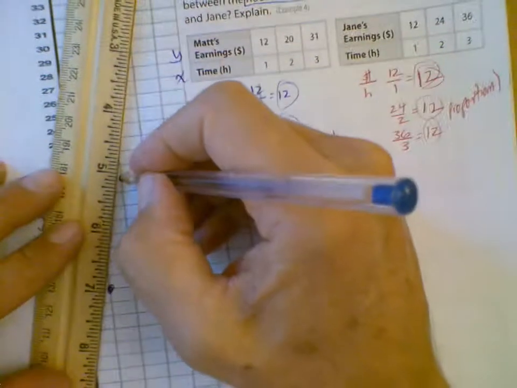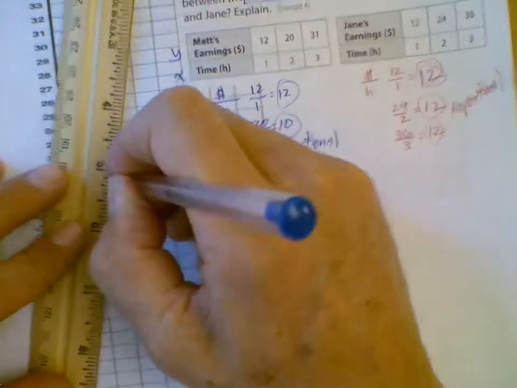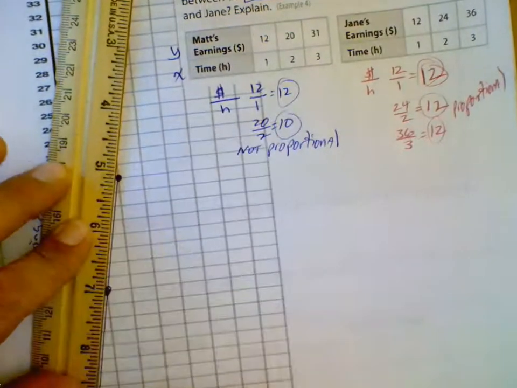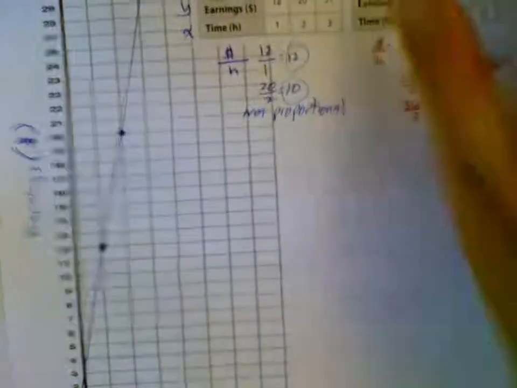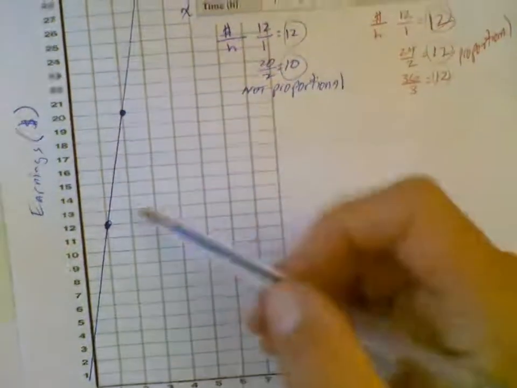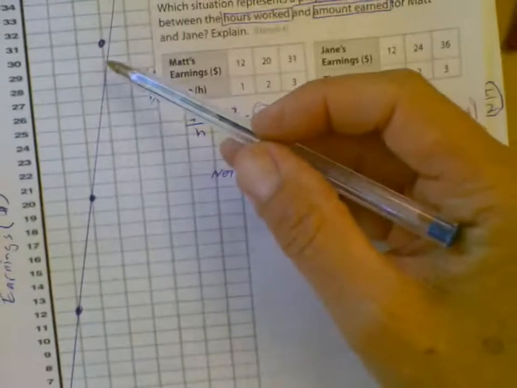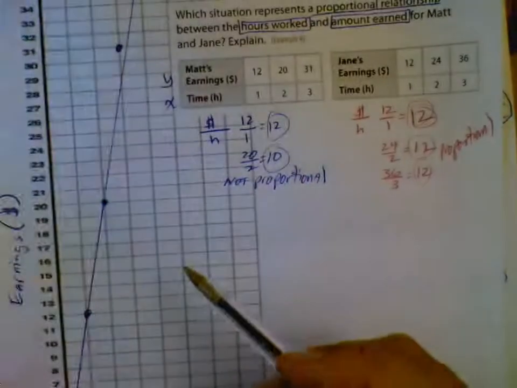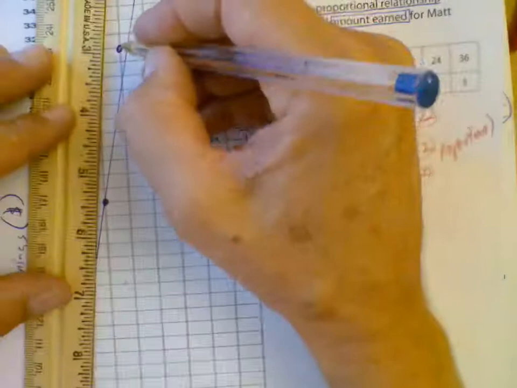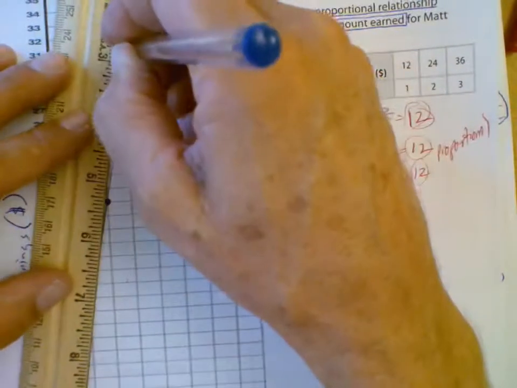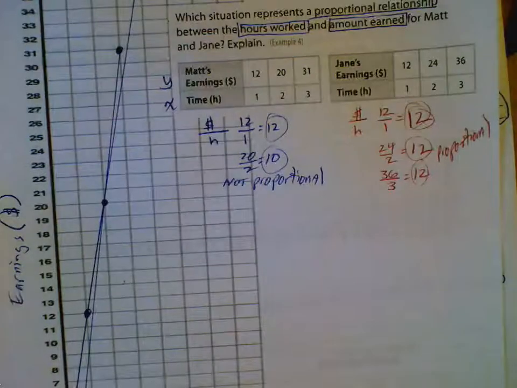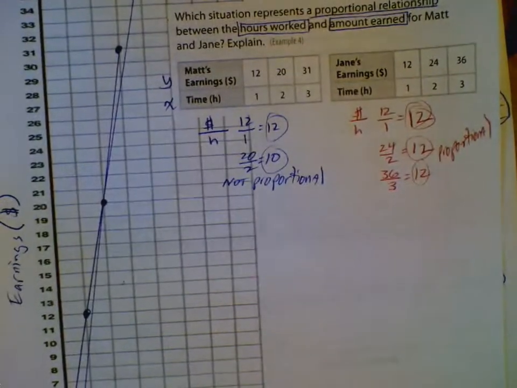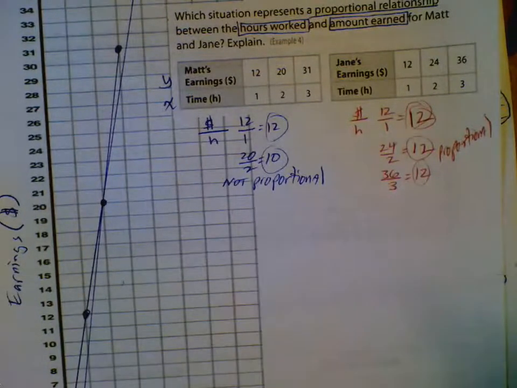If I connect these two dots, I got these two dots connected, but that's not on it. And if I connect these two dots, I'm going to miss this one. So that's unfortunate. It doesn't look like I can connect all the dots. But this is Matt.